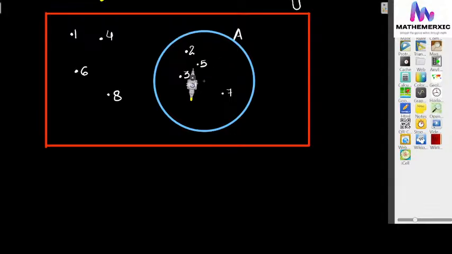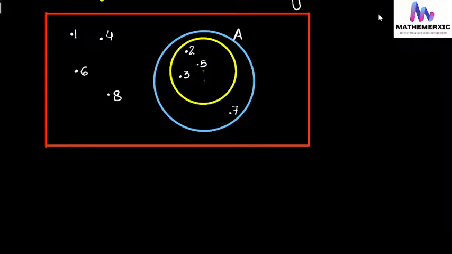I'll take out 7 somewhere. So here I have drawn one more circle consisting of certain elements.